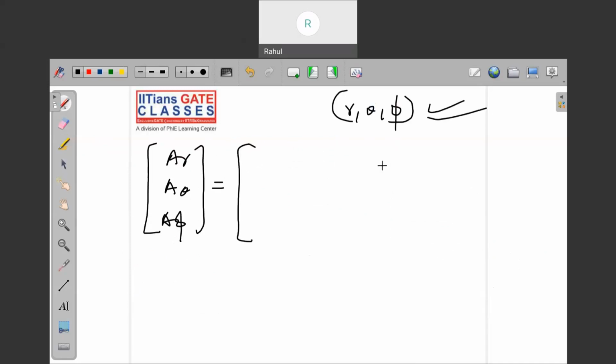The conversion matrix elements will be here, and what is given is the components of x, so ax, ay, az.